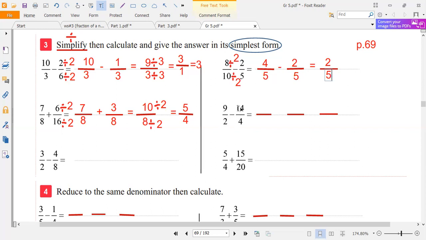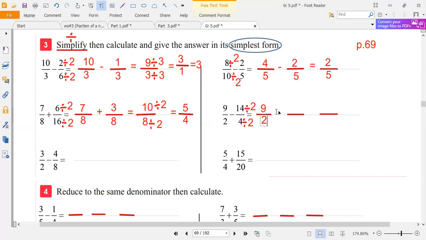9 halves minus 14 quarters. We can simplify the second fraction by 2. The first fraction does not change. 9 halves.